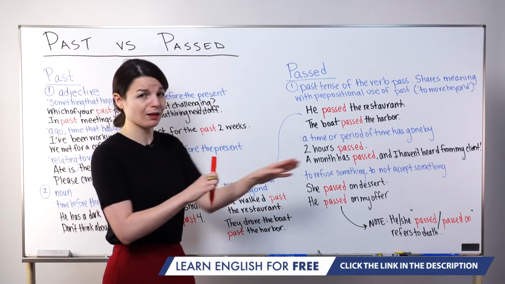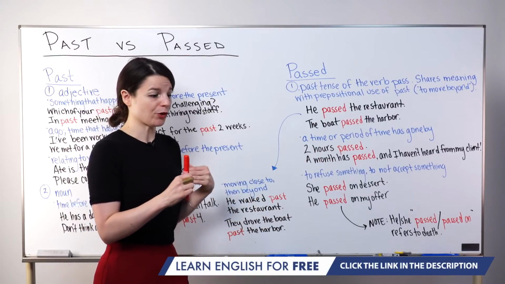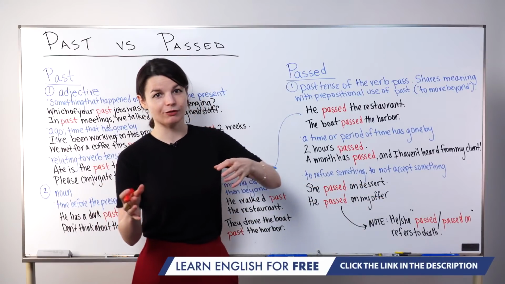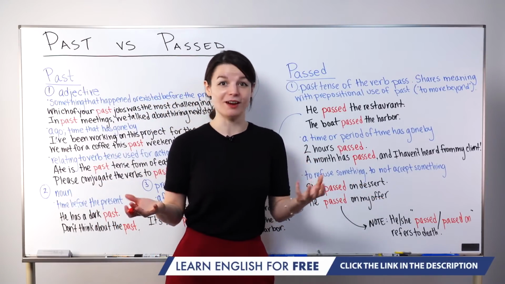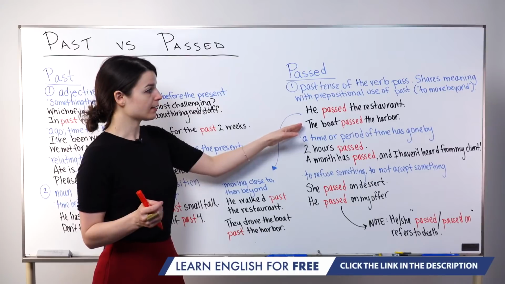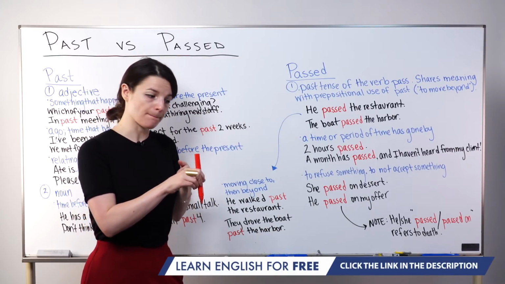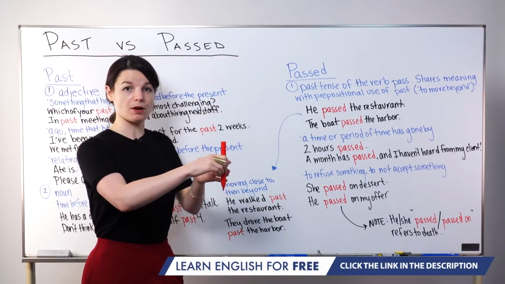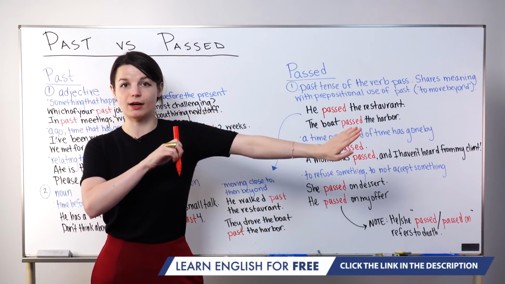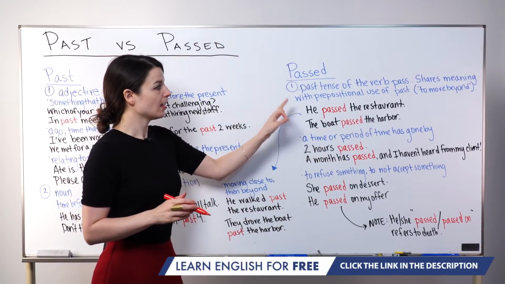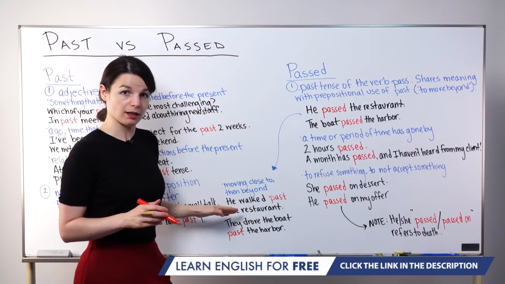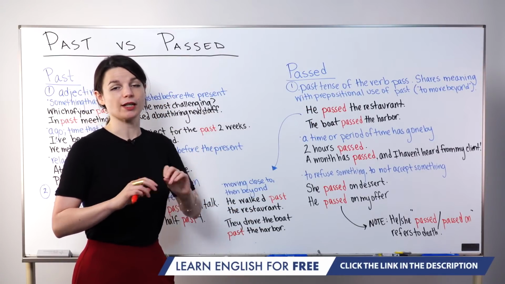Did the boat quickly pass the harbor? Was someone driving the boat? Was the boat just floating, drifting? We don't know. But this communicates the basic situation. The boat moved in the direction of the harbor and then continued beyond it. So passed does share a meaning here, but the sentence structure is different.